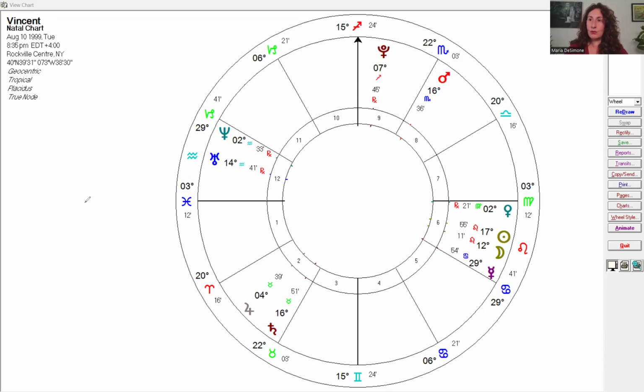You would have a whole sign or an equal house system, and they just wouldn't exist. And interceptions are only possible in a quadrant house system based on the particular mathematical calculations, the latitude and longitude of the person's birth location against their birth date.